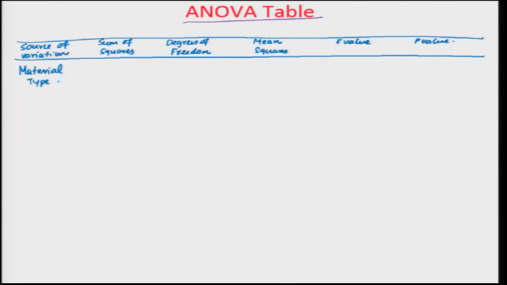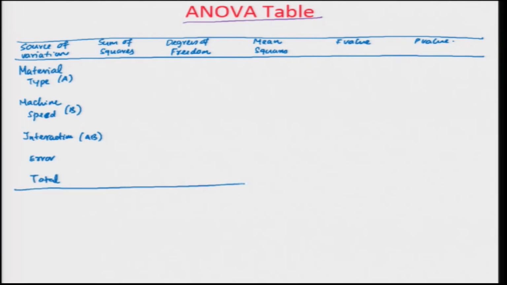This is your A. Then the machine speed, this is your B. Then interaction, this is AB. And then we have error, and the last one is total. So this is our ANOVA table, and let me write the interaction as AB right here.